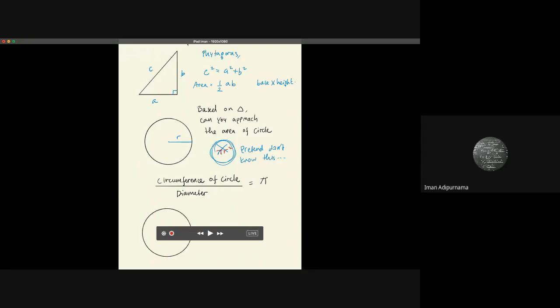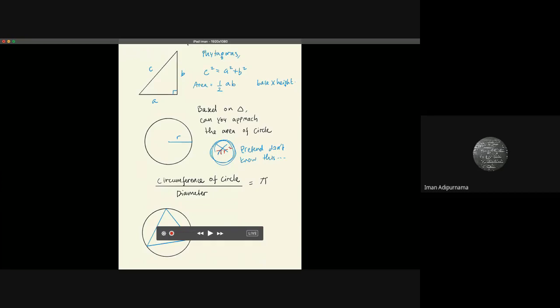It can be a triangle outside or inside. To approach the circle, which one? Inside. Okay.